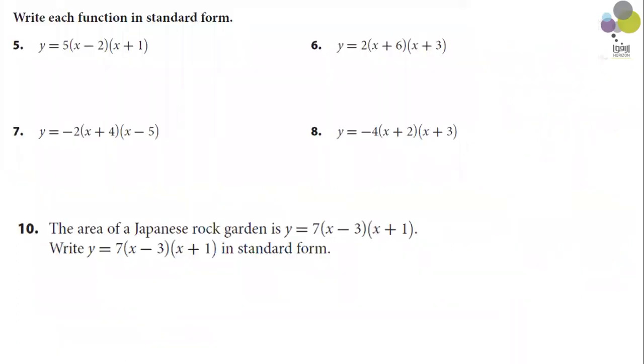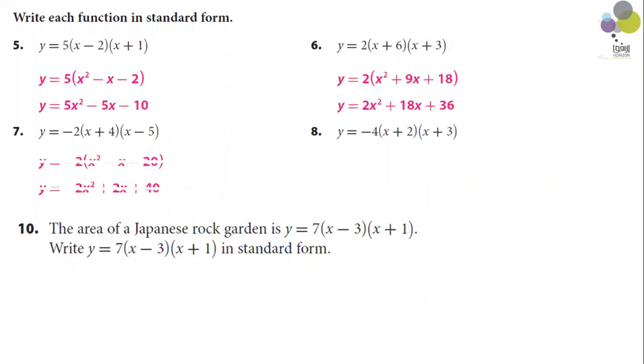Okay, now we will solve some exercises. We solved 5, 6, 7, 8 before. Number 10. The area of the Japanese rock garden is y equals 7 multiplied by x minus 3, multiplied by x plus 1. The same way, we have to multiply the two linear factors.